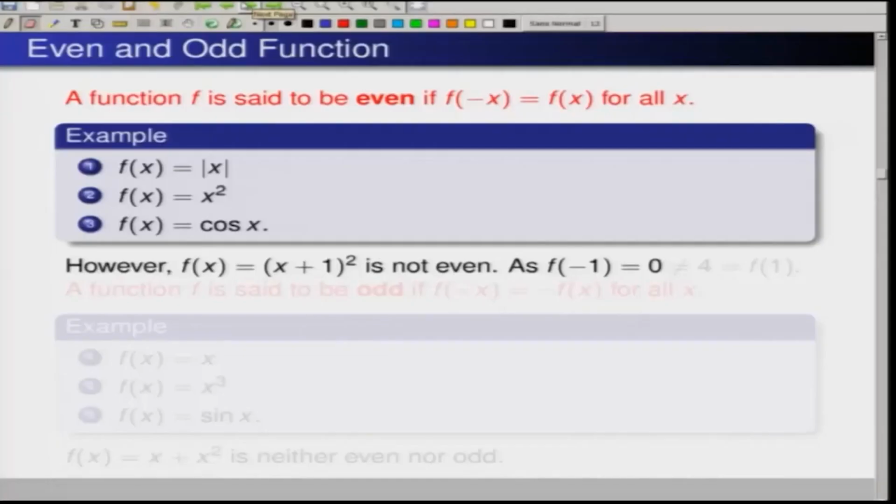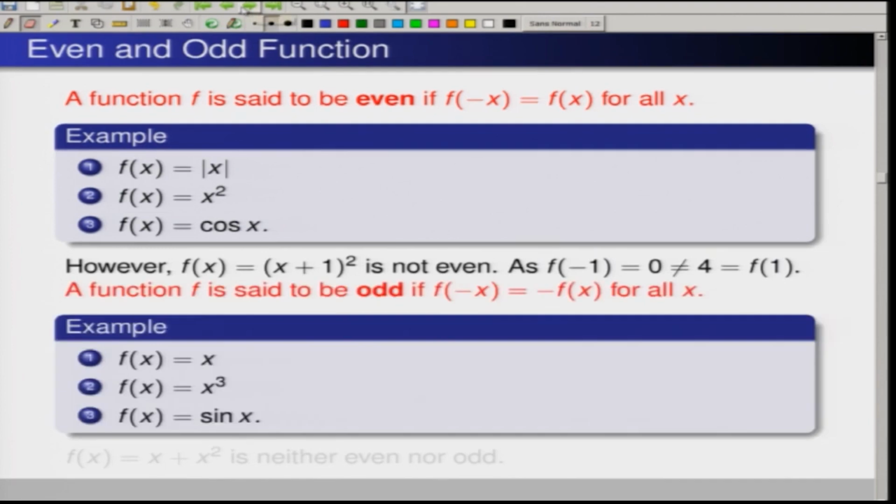But x plus 1 whole square is not an even function, because if you take x equal to minus 1, then f of minus 1 is going to be 0. Now if you take f of 1, this is 1 plus 1 square, that is 4, which is not equal to 0. So, therefore, f is not an even function.